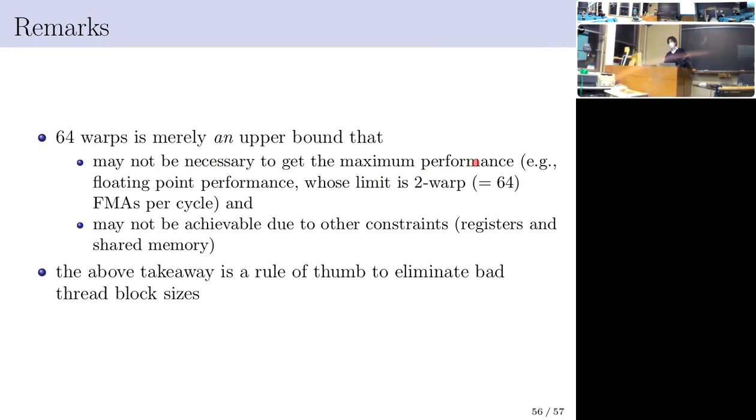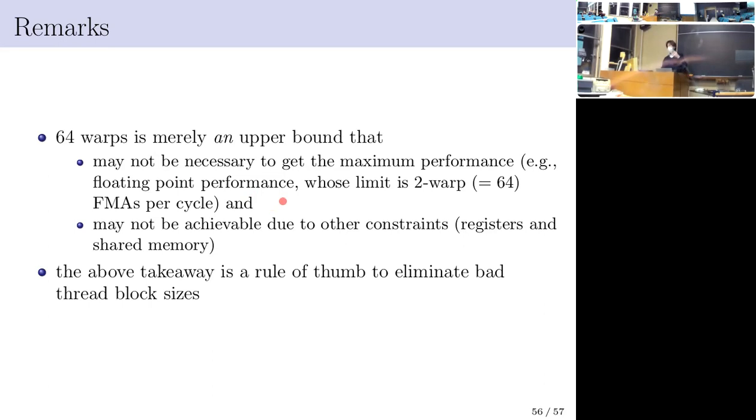After all, all we need is performance, for example, in terms of floating point calculation performance. So the ultimate goal is not necessarily to get the maximum number of warps running at the same time, but to get the maximum performance, in terms of whichever criterion is important to you, like floating point performance.